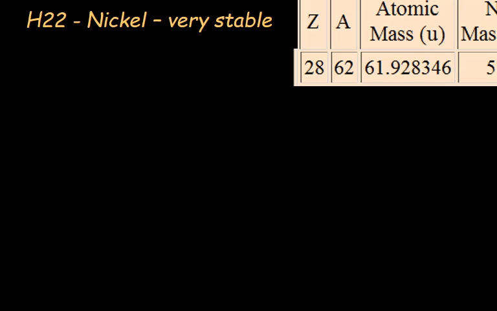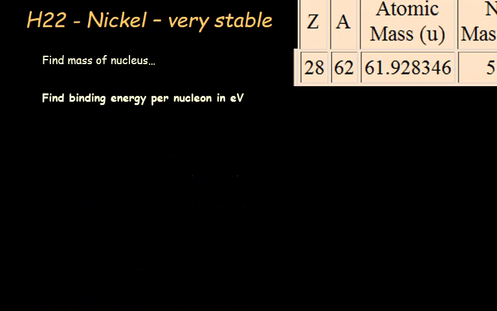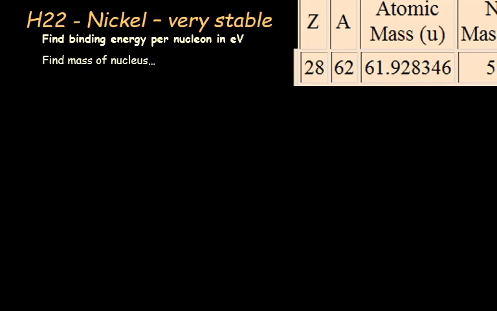Nickel is extremely stable, and this will be a good chance to review the binding energy and figuring that out. So here are our values: Z is 28, A is 62. We have our atomic mass, and if we subtract out our electrons, we can find the binding energy per nucleon in electron volts. We know it's 28 electrons.